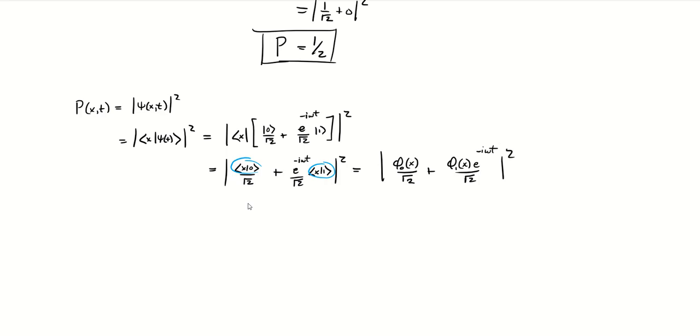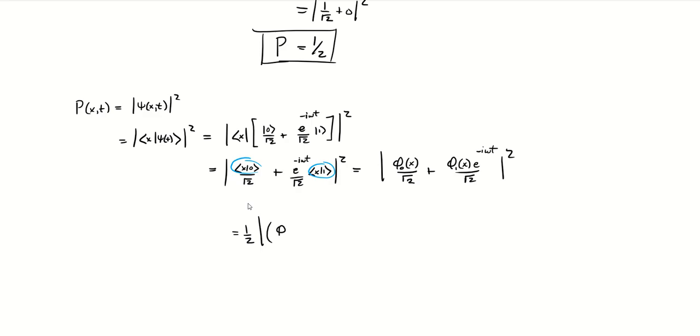This all squared. So we can factor out the 1 over √2, square it, and bring it out front. To take the magnitude squared, I'm just going to take the complex conjugate and multiply it with itself.